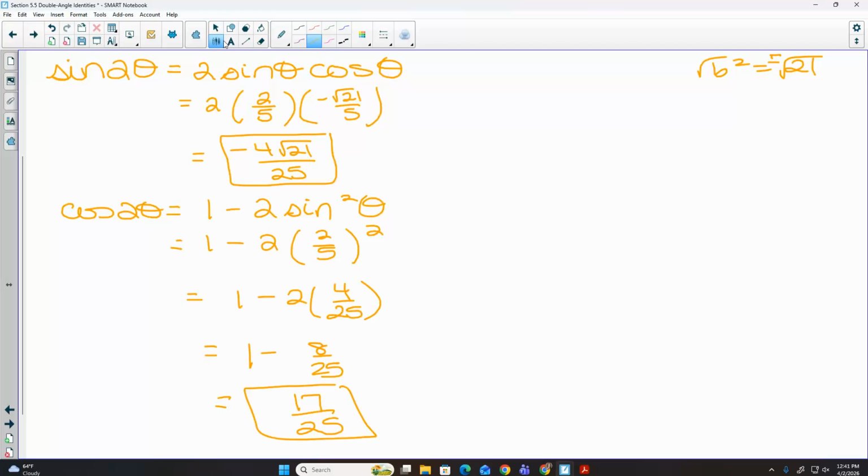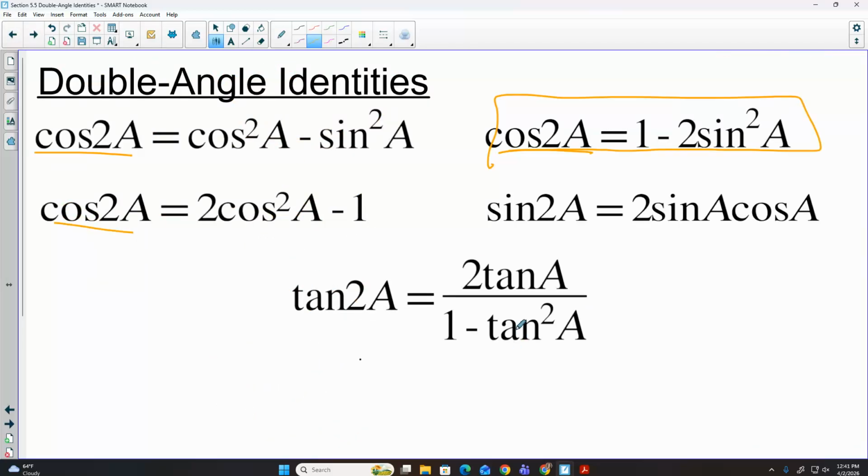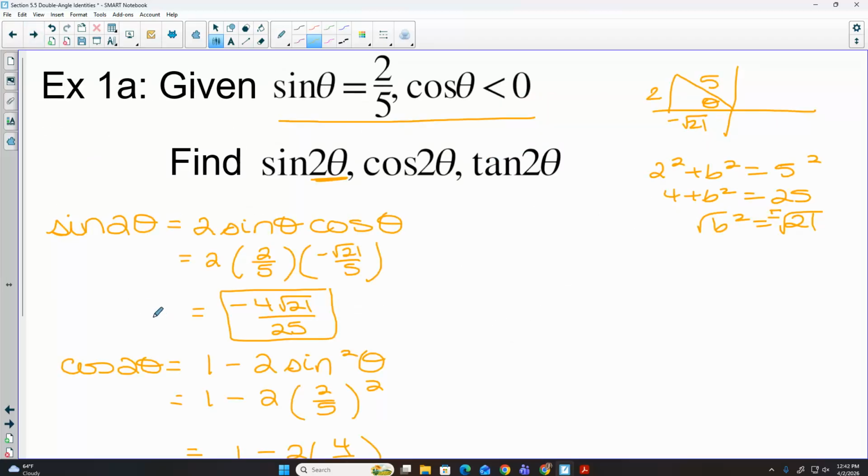All right, tangent. We have two ways of getting that. I can use my tangent formula, and that will work perfectly. We also know sine over cosine. Would it be easier to do that formula or sine over cosine? Sine over cosine. You just have to remember, if you're doing tangent of 2 theta, you have to do sine of 2 theta divided by cosine of 2 theta.